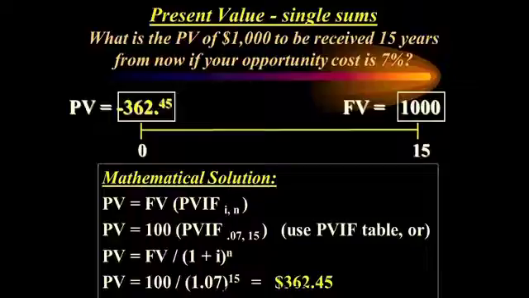So in a nutshell, in future value we use the formula future value is equal to present value into 1 plus rate raised to power time, or PV into future value interest factor if without annuity. If with annuity, then PV into future value interest factor annuity.